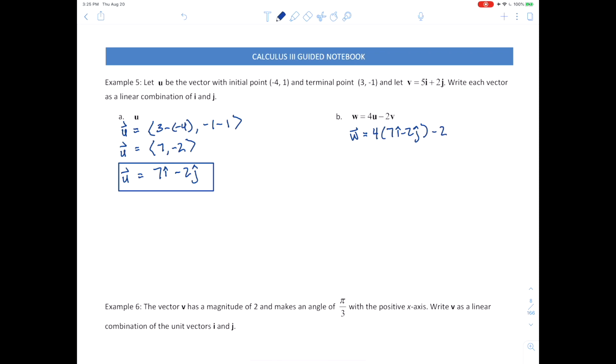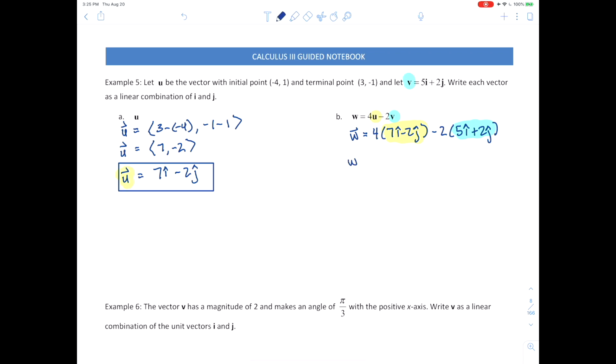And then we have this minus 2 times v, and v is equal to, it was given already, as 5i plus 2j. So this was v, and then this one was u from what we found last time.